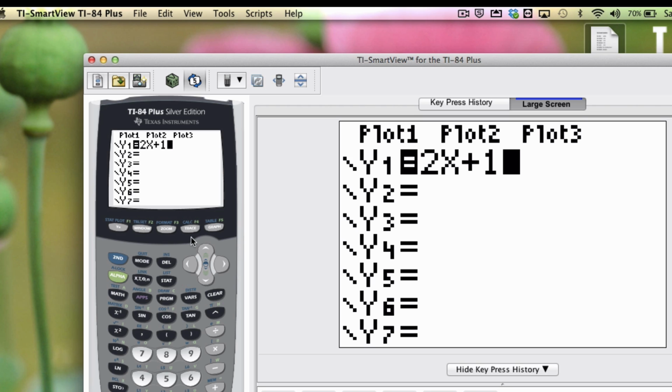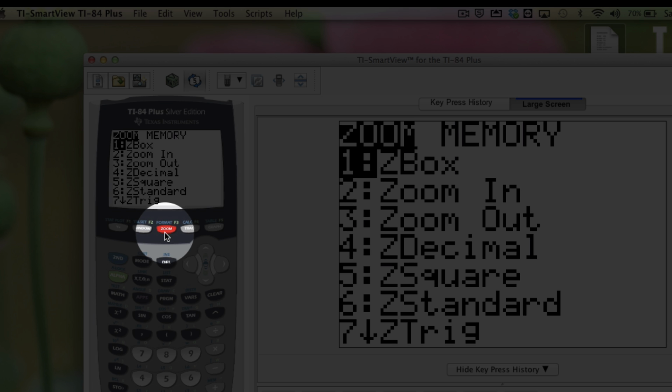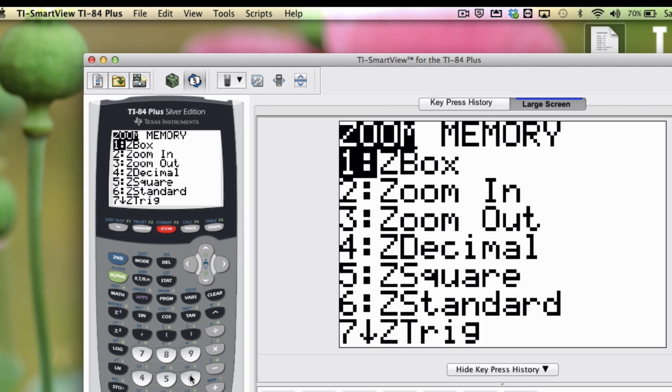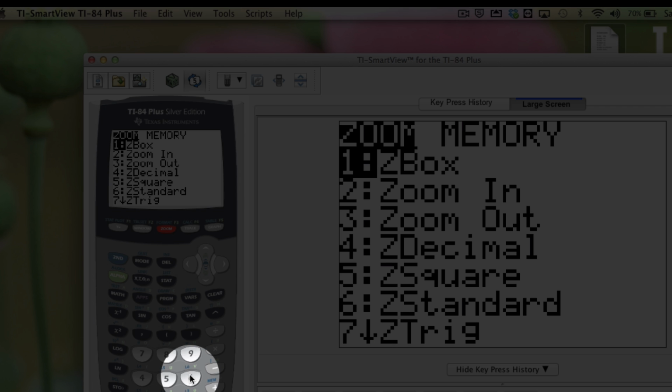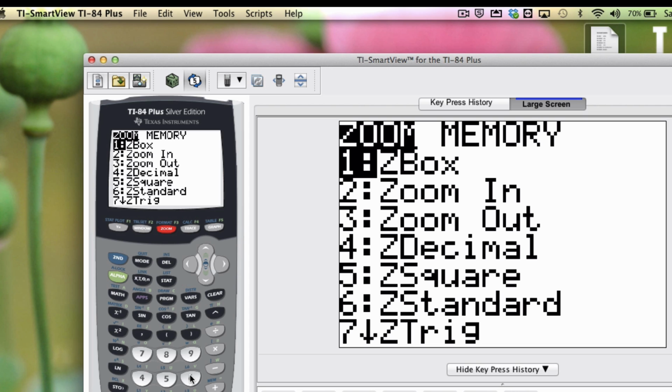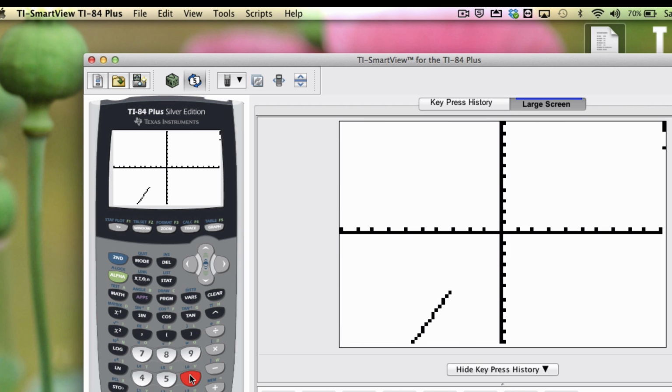Okay, now when I graph, I'm actually going to press this middle button, zoom, and there's all these options which we will get into later. But the one that I'm going to use is zoom 6, which is zoom standard. Okay, what this does for us, it gives us a graph that is 10 by 10. So when I press zoom 6, we can see our graph there is graphing.